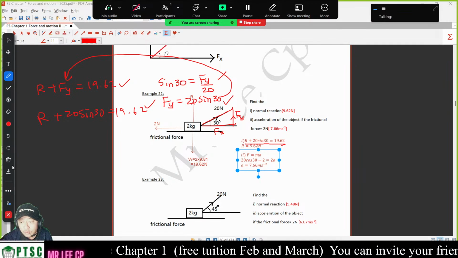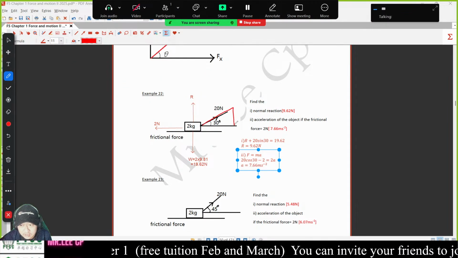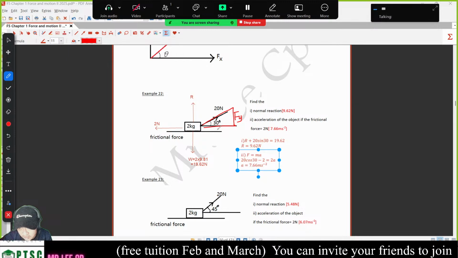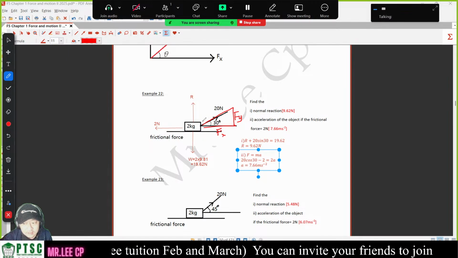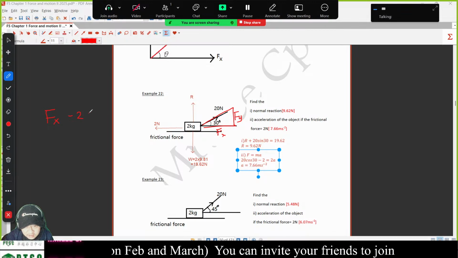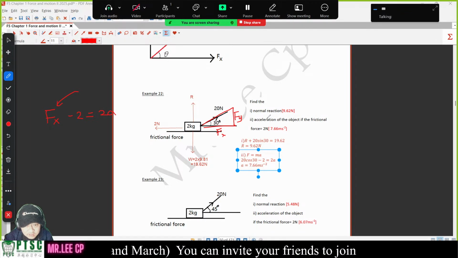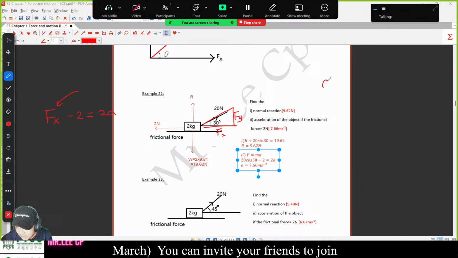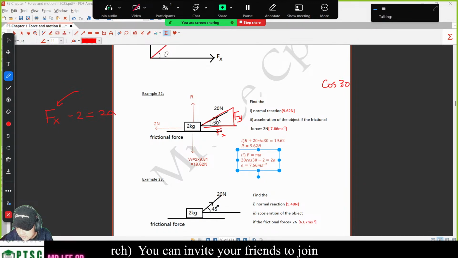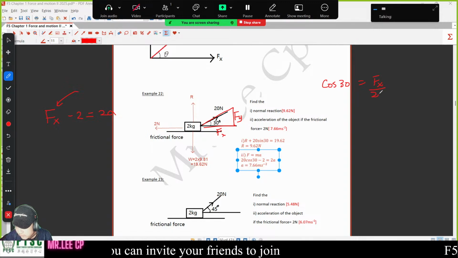Now you want to write the second equation. Here this is Fy, this is Fx. So the one that pulls to the right is Fx minus 2 is equal to 2a. So how much is Fx? Fx is cos 30. Cos 30 is adjacent over hypotenuse.